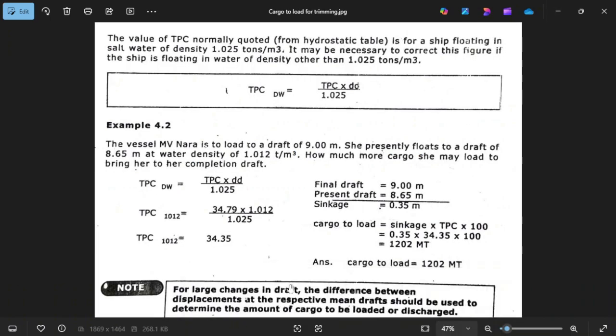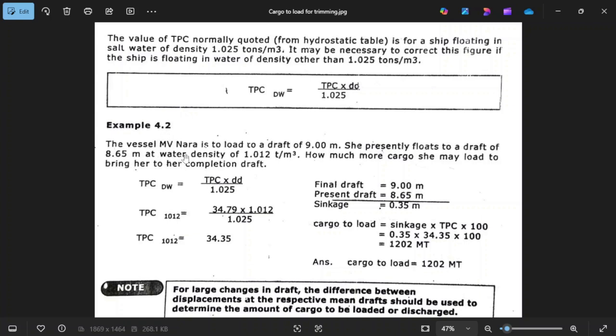Now to the problem. If this formula is used when you are in a dock water of a different density aside from the saltwater density 1.025, so if you want the dock water TPC of a certain density, then you use this formula. So let's start, guys. I will just read this example, example 4.2.